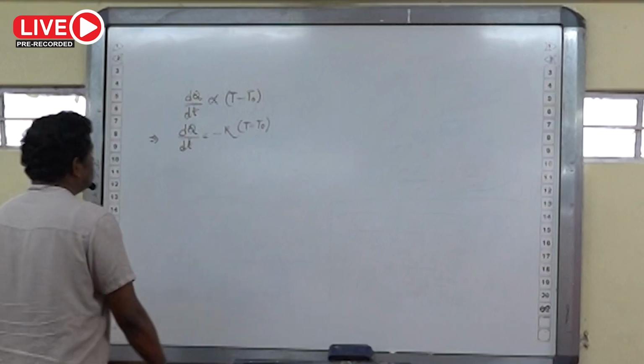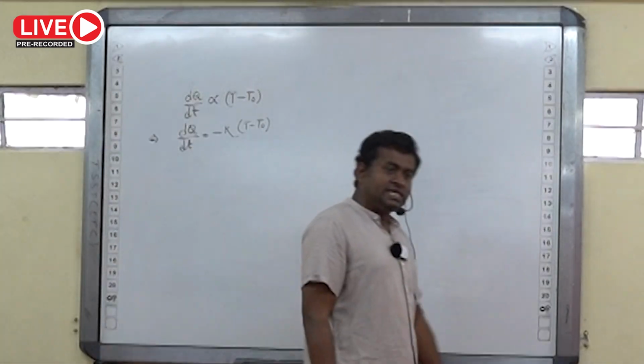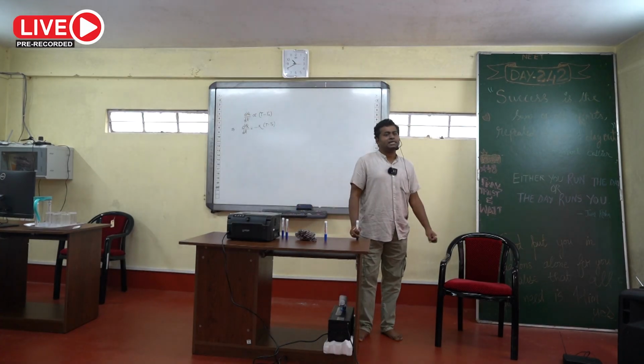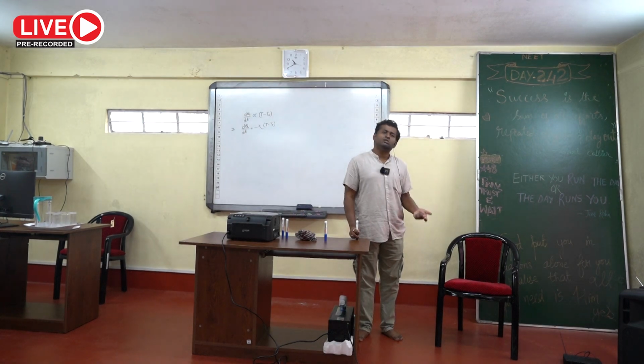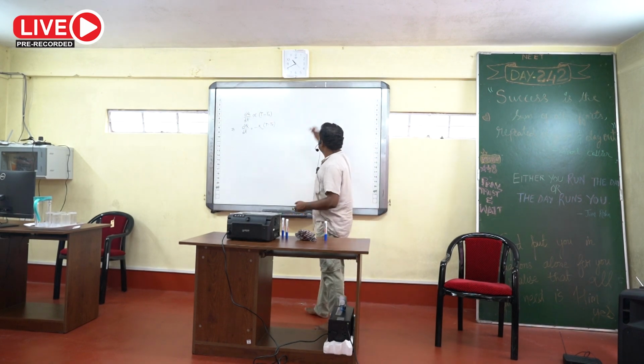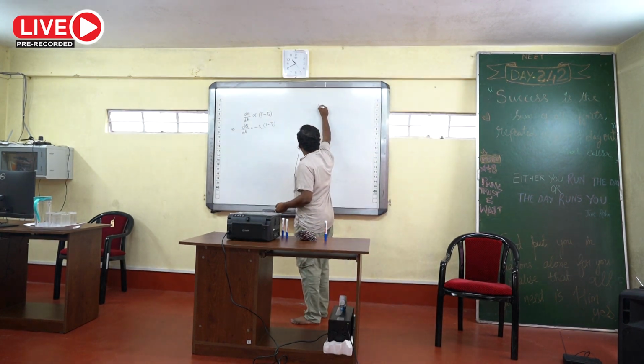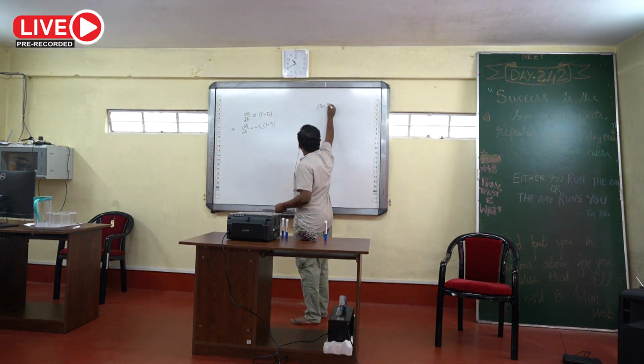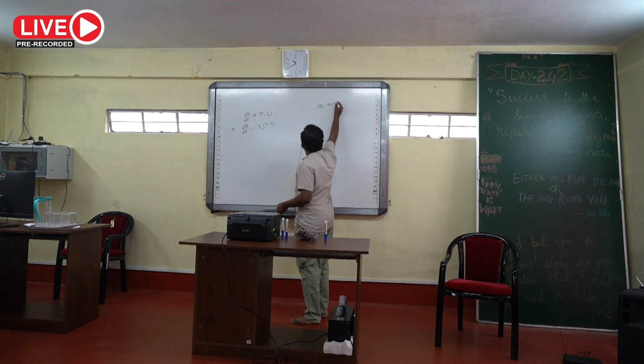Now you know that this dQ can be written as m into c into dT, because you have already studied this law. dQ equal to m c dT.